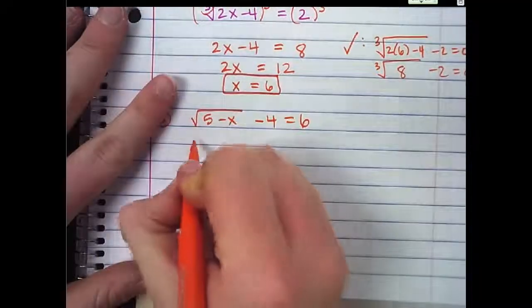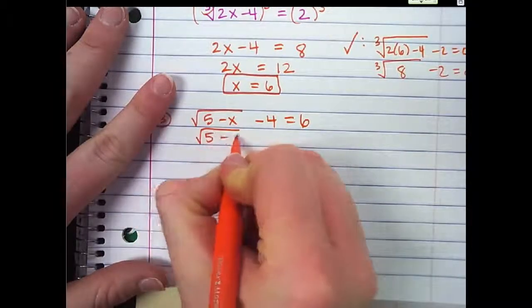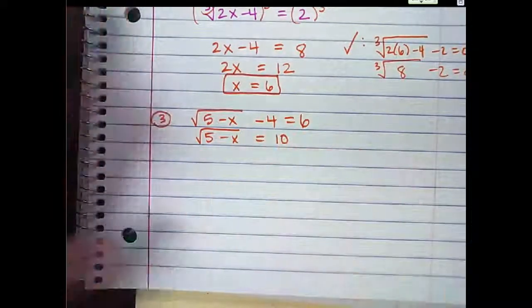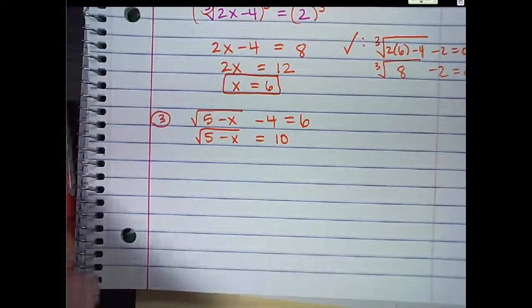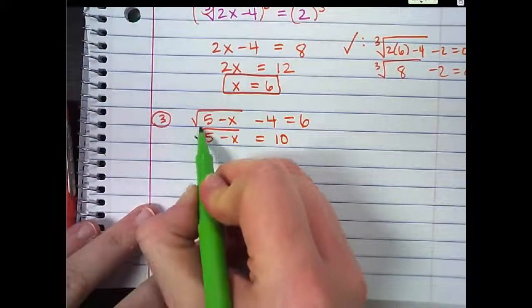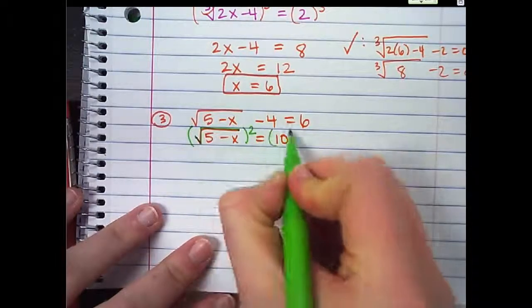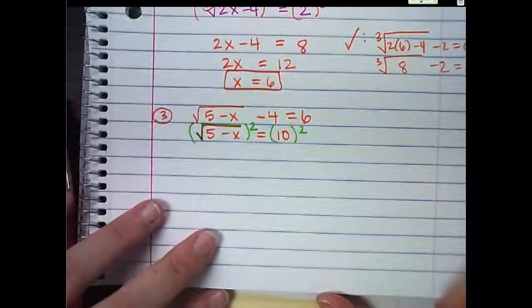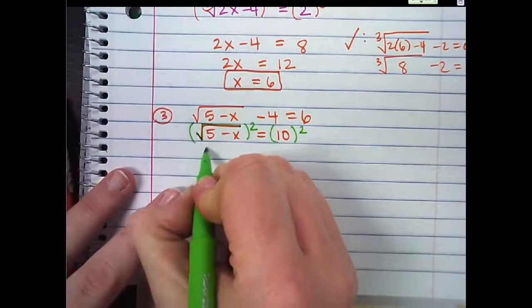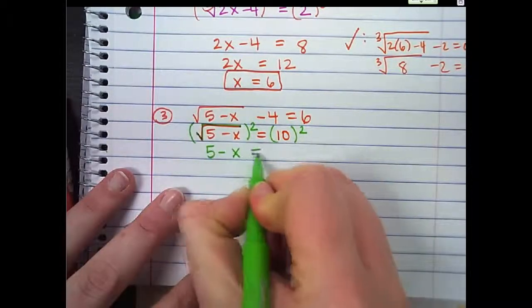Good. Add the 4 over first. So we get 10. So I have the radical by itself. How do I get rid of that radical? Square it. Square both sides. So 5 minus x equals 100.